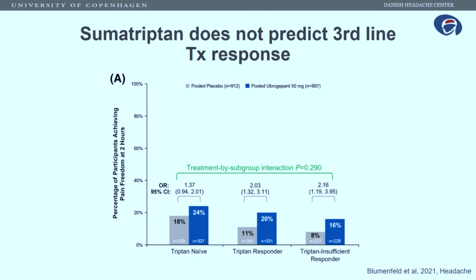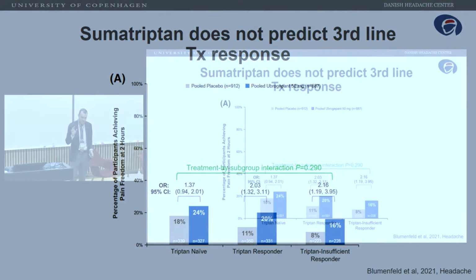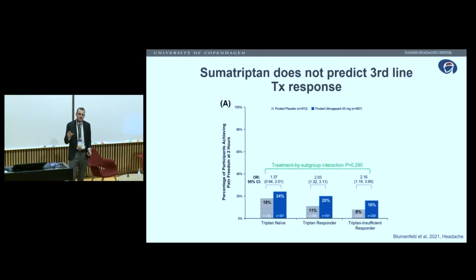So this was to see if, in the ubrogepant studies, sumatriptan response, like historical responses provided by the patients, could somehow interact with their ubrogepant efficacy.